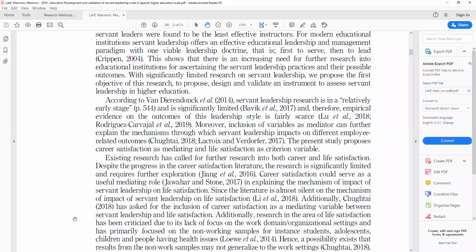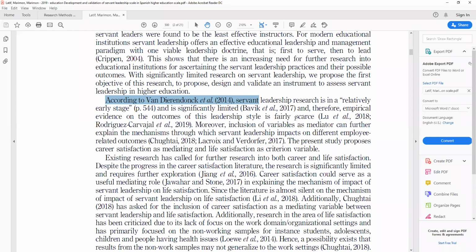So how do you do this? You have to do it through strong references from existing research. In this case, I've mentioned that according to Van Der Donk and others 2014, servant leadership is in a relatively early stage. So there is a need for further research, and its research is significantly limited.